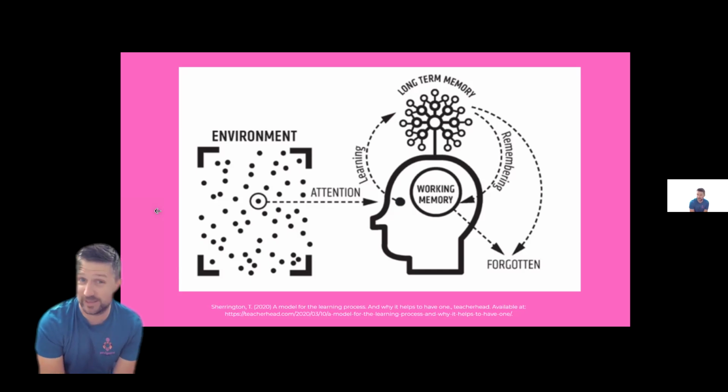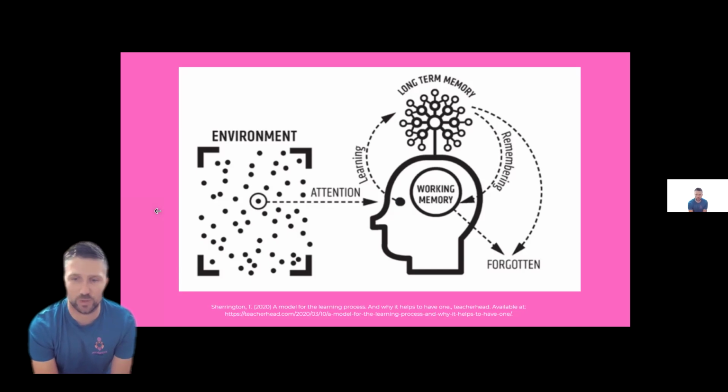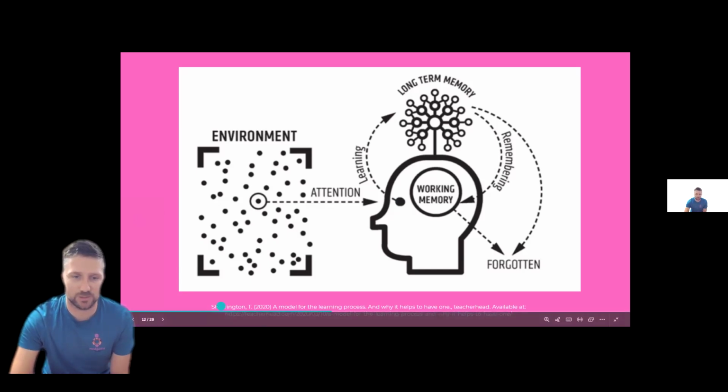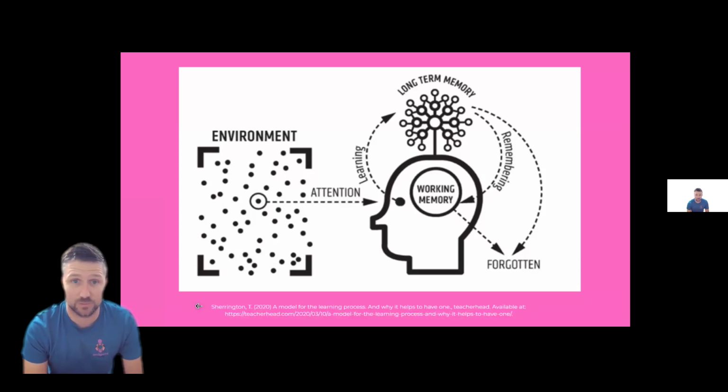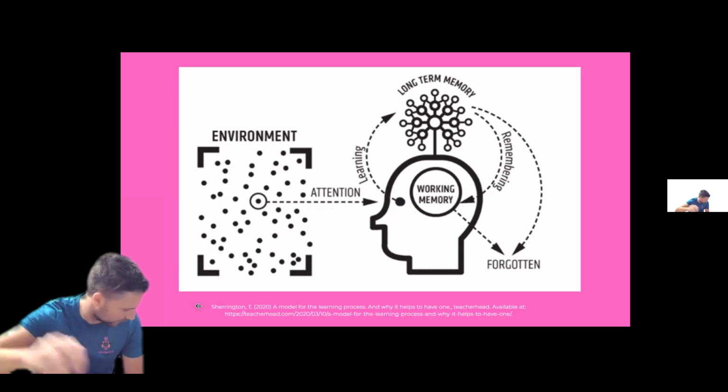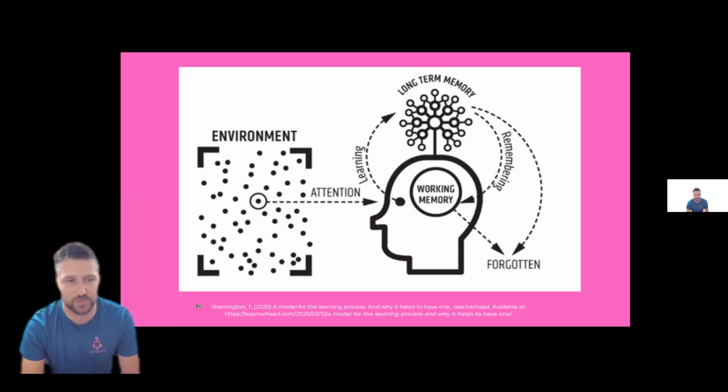If you type in Teacherhead or Tom Sherrington, a model for learning processes, that will come up; absolutely not my model. So there's the full reference there. That's what the person was asking for. But that's something I use a lot with my students. I may take out different aspects for different students. But the idea of how the brain stores information is really powerful.